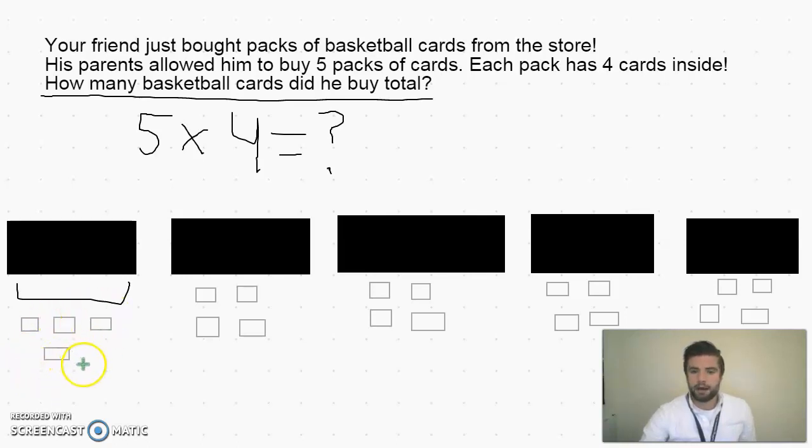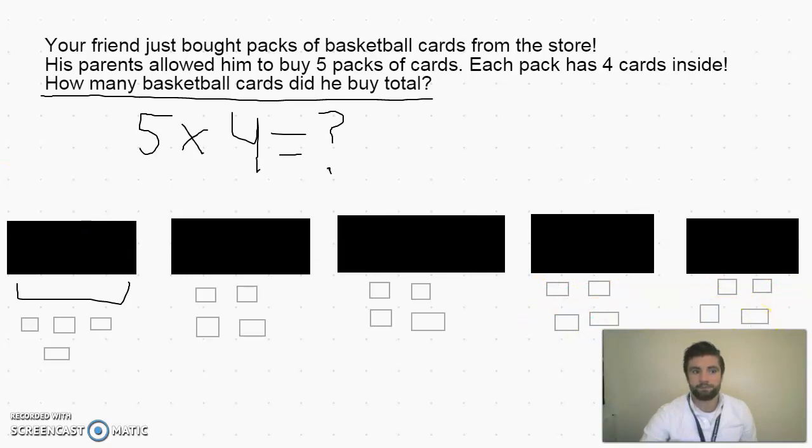If you don't know how to count by 4s, you can also just count by 1s to take care of this problem. So I'm going to pretend like I don't know how to count by 4s. If you do, you can do this a little faster. And then I'm just going to count. 1, 2, 3, 4, 5, 6, 7, 8, 9, 10, 11, 12, 13, 14, 15, 16, 17, 18, 19, and 20.